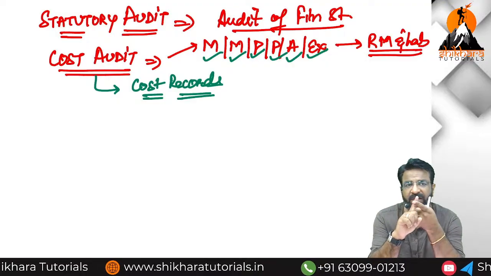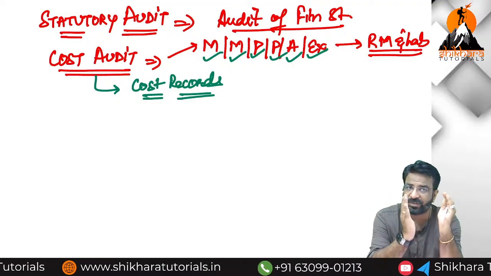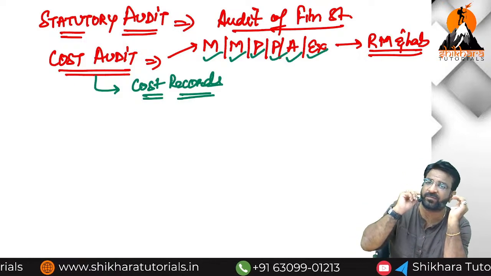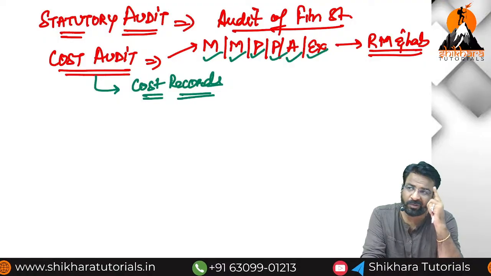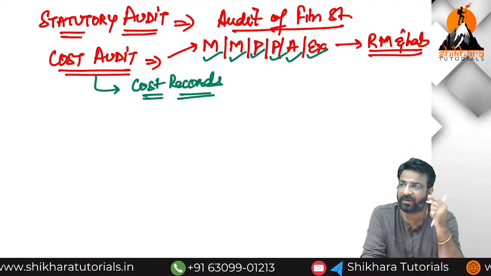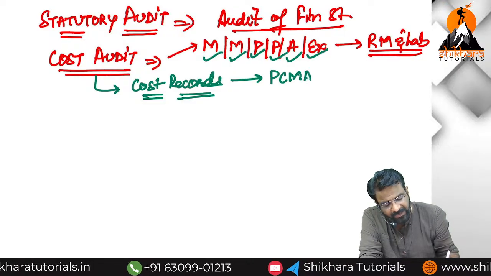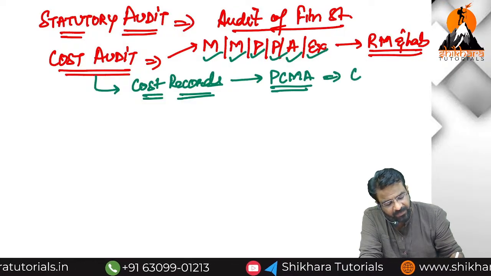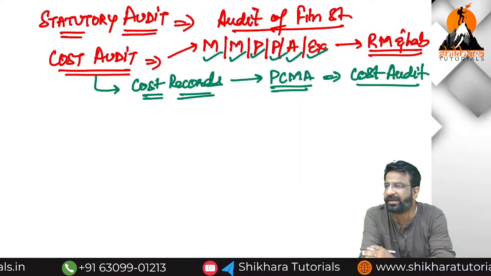So it will maintain financial statements, books of accounts, as well as cost records. For the financial statements and books of accounts, a practicing CA comes and does the statutory audit. But for the cost records, we need to hire a practicing CMA, and he will come and do the cost audit. I hope you're getting the clarity.